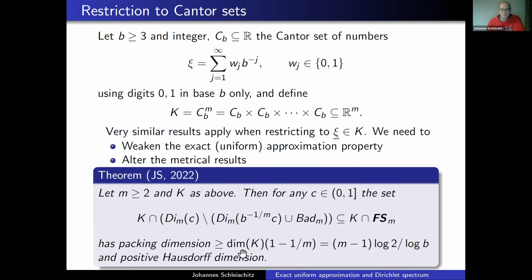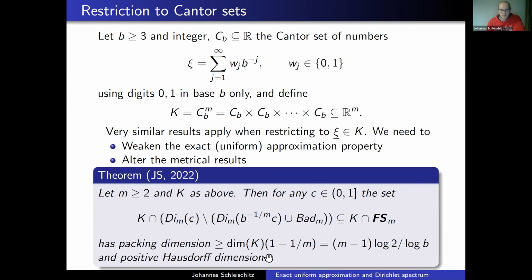You have again the same. So if the dimension of K would be full, then you would again get this m minus 1 again. So you have a very plausible result for the packing dimension.